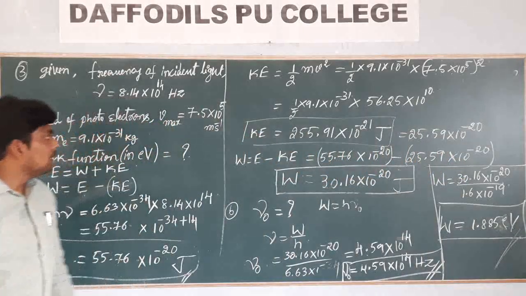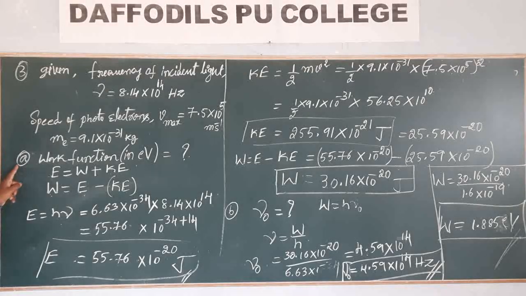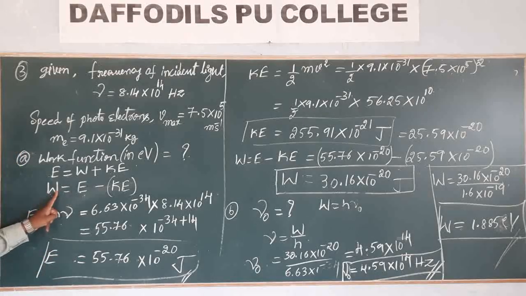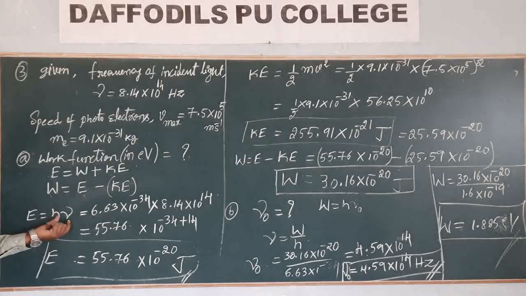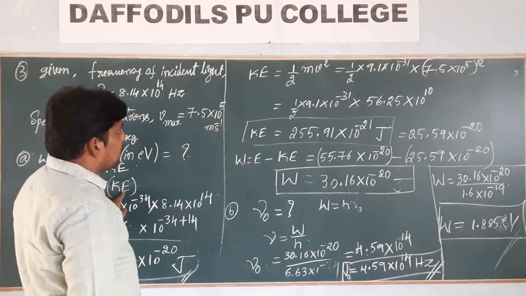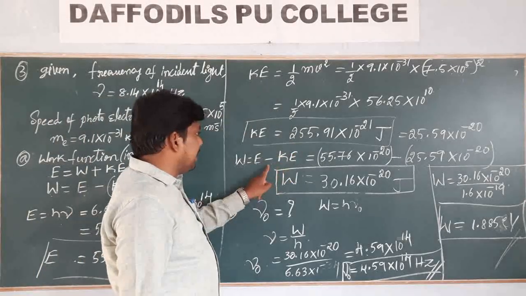Okay. What we have to calculate in this numerical? We have to calculate the work function as well as the threshold frequency. If you want to calculate the work function, we need the value of energy as well as the kinetic energy. Energy is equals to what? h nu. We have to calculate this one. Next, kinetic energy is equals to half m v square. We have simplified this one.